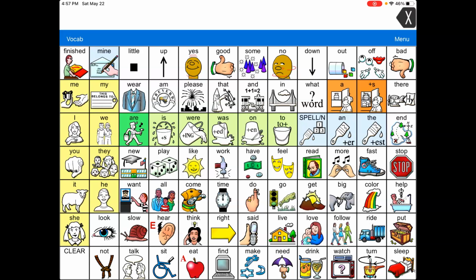The home screen on Words for Life has several high-frequency words that can be said with just one hit. Those words are on the third row, and they're colored green. We have are, is, were, was, on, and to.